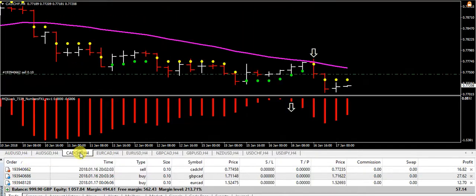CAD Swiss franc. Again, we've got a nice downtrend. We're looking for the bounce. Saw the volume starting to come back now. So all the signs are there. Yellow dot, and off we go. Okay, and also the Euro CAD.